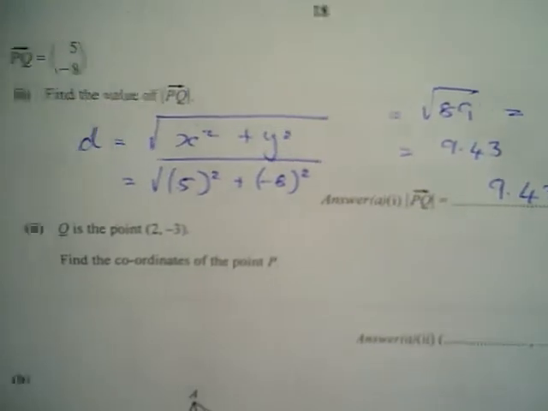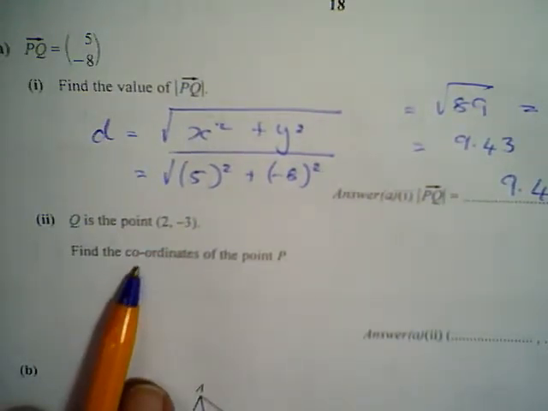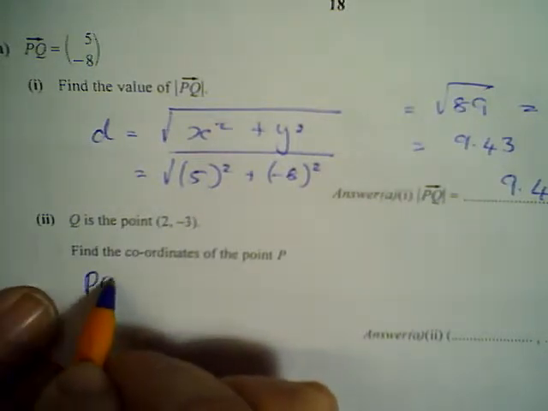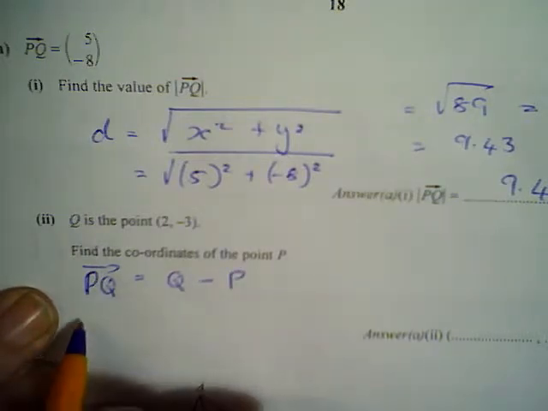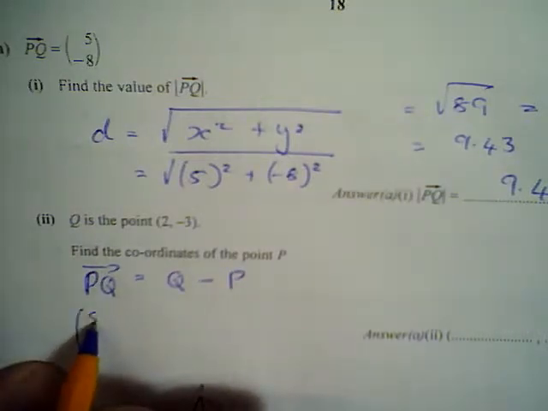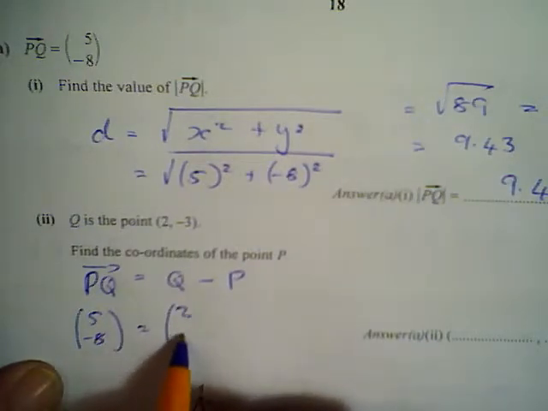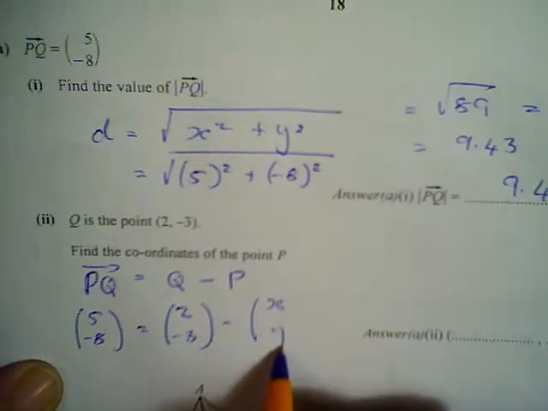Okay, Q is the point (2, negative 3). Find the coordinates of point P. So we know that PQ equals Q minus P. PQ we have as (5, negative 8). Q we have as (2, negative 3). We know that the point P is a point (x, y).